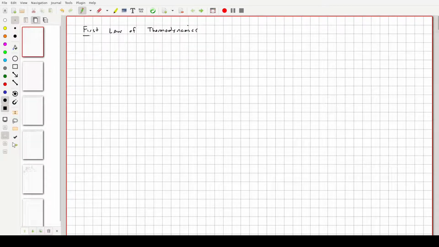All right. Now, let me remind you about the zeroth. The zeroth law defined what thermodynamic equilibrium is.